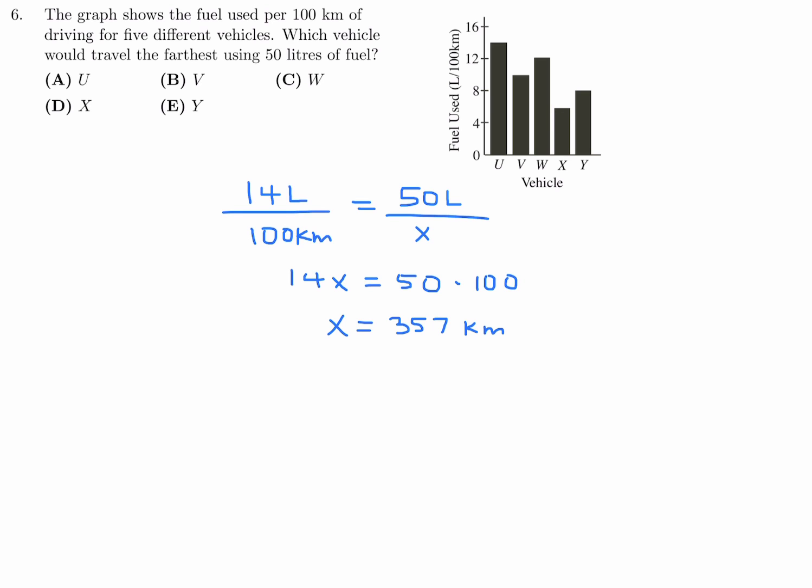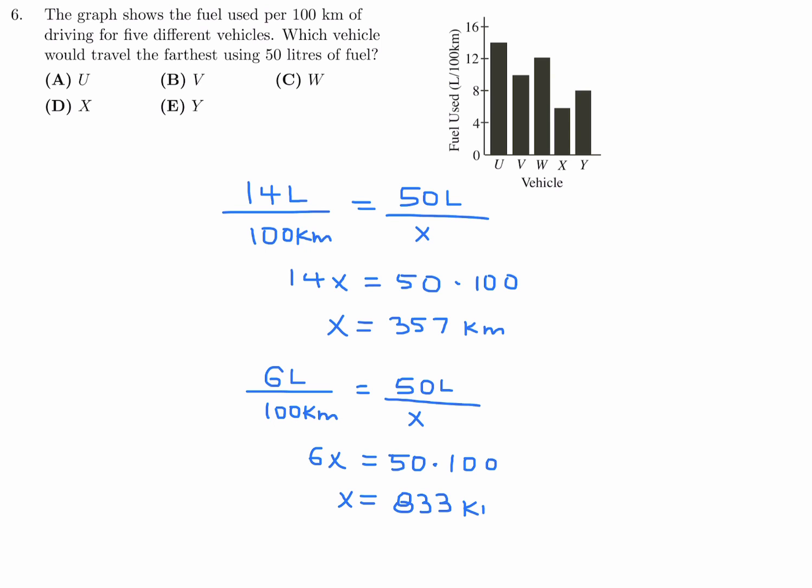Now let's do it for the smallest one and see how that works. The smallest one is 6, right? 6 liters over 100 kilometers. Let's figure out how many kilometers that vehicle will go for 50 liters. Again, cross multiply: 6x equals 50 times 100, and therefore x is equal to 833.